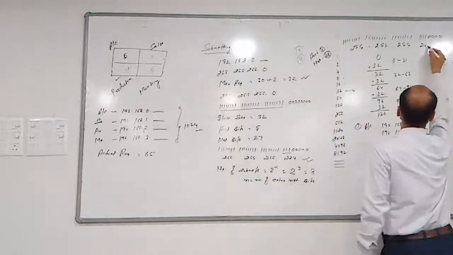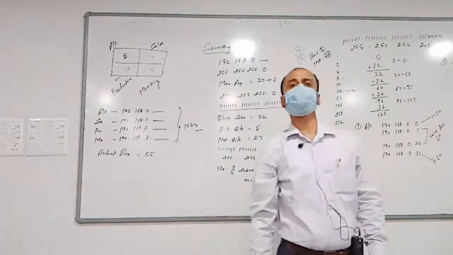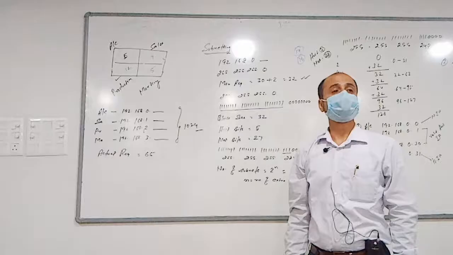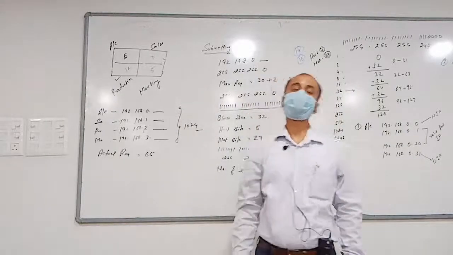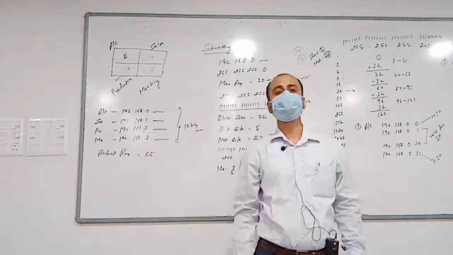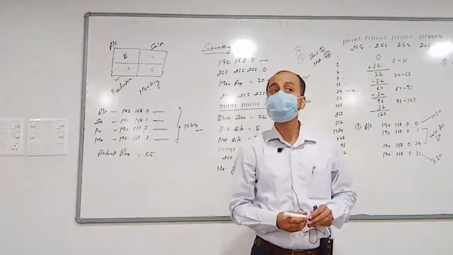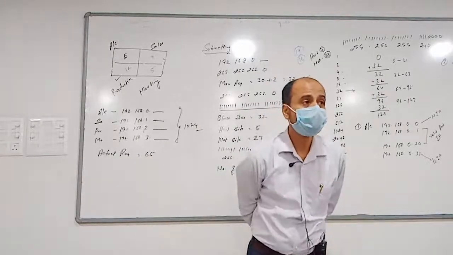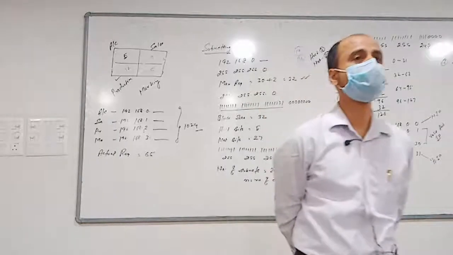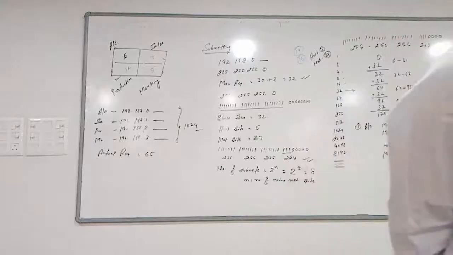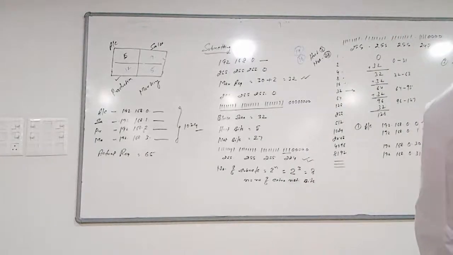It's okay. 240. And now, network range for different departments. The first range will be 0 to 15. Perfect. Second range 16 to 31.